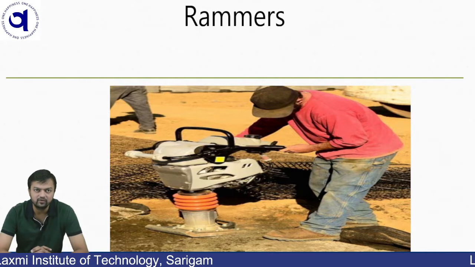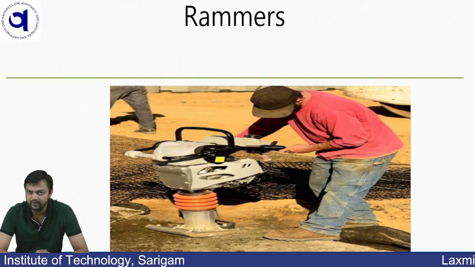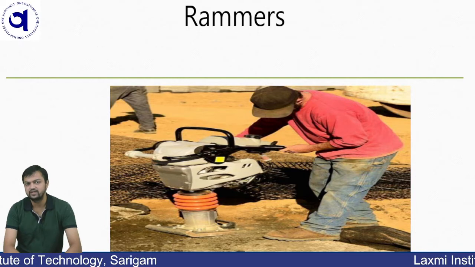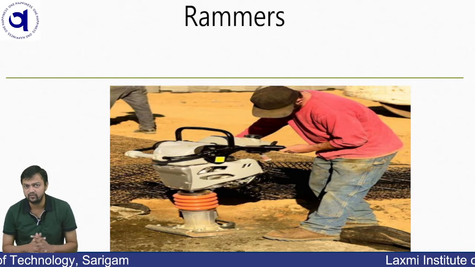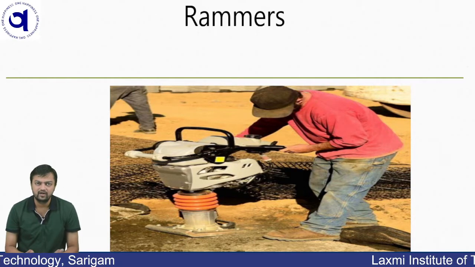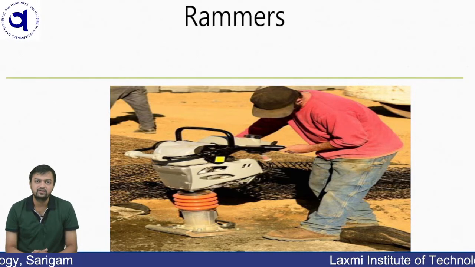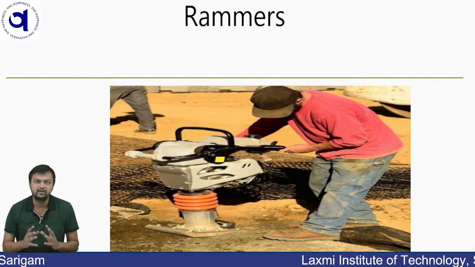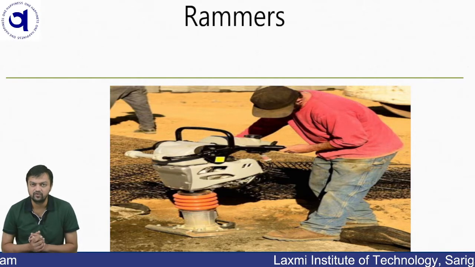We have also seen in earlier videos the entire list of equipments used for different purposes, like excavation equipments, hoisting equipments, then leveling equipments and compacting equipments. What these have to do with rammers and other compacting equipments is that, based on the previous equipments used, we need to select the compacting equipments for the ongoing project.